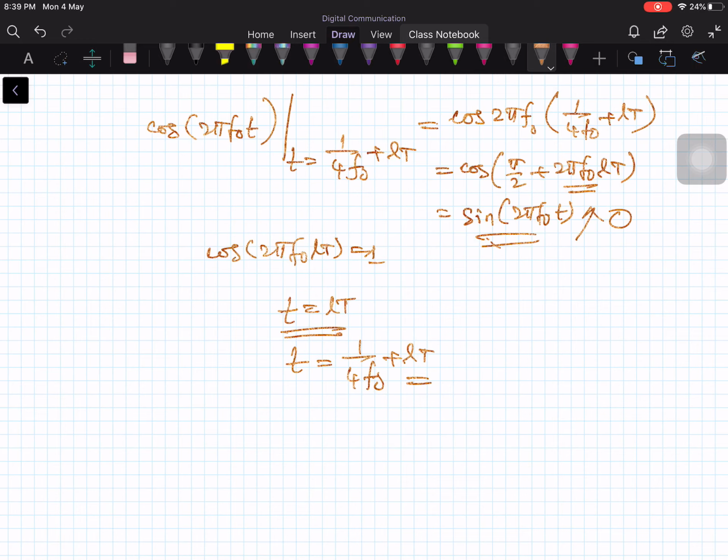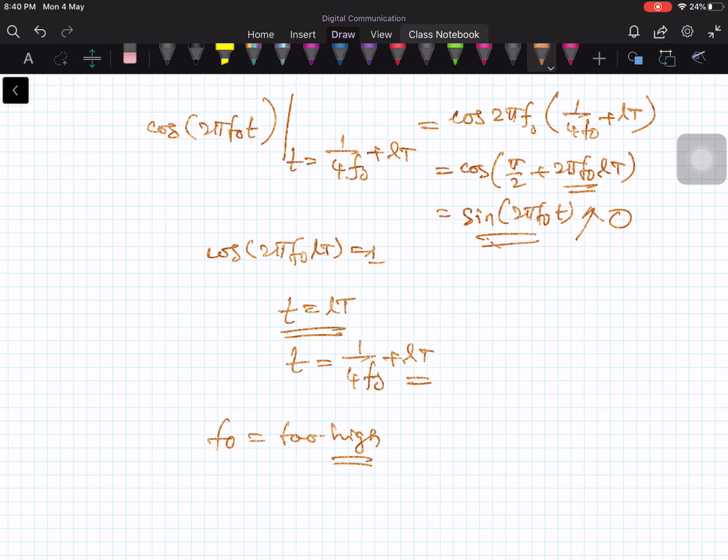So the sampling instant is very, very important. Your signal will disappear altogether. One should be very careful when you choose the sampling instant. If f naught happens to be too high, then this is a very big issue.